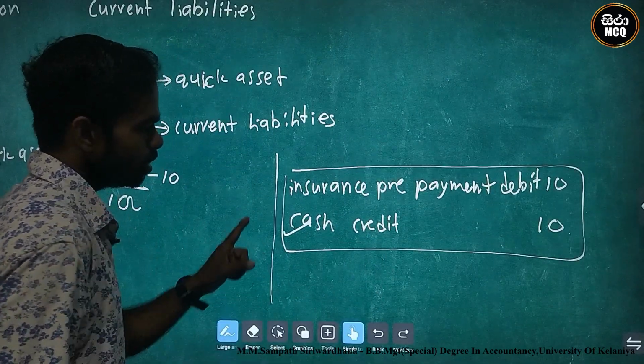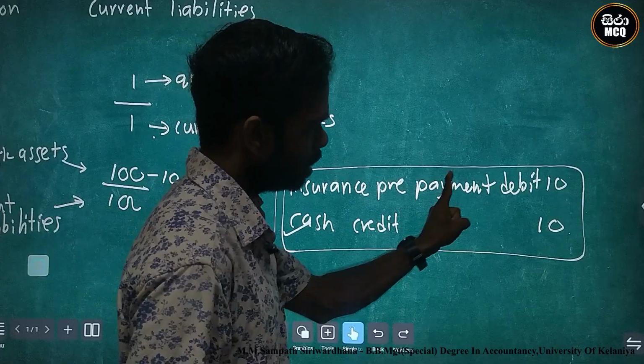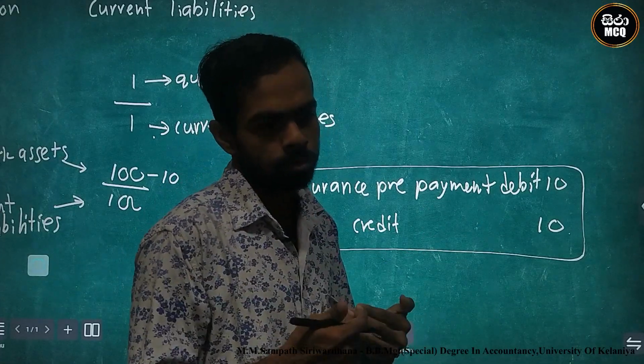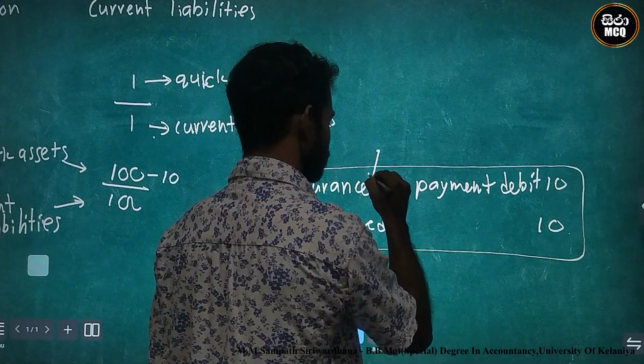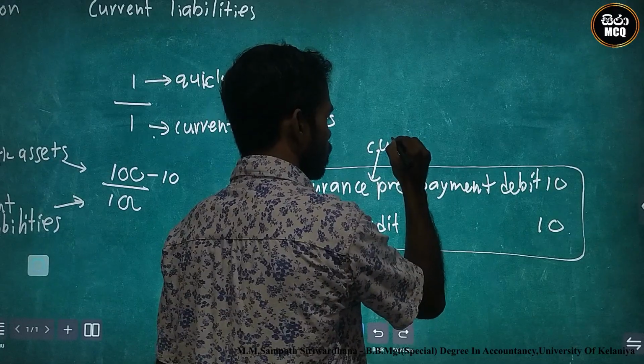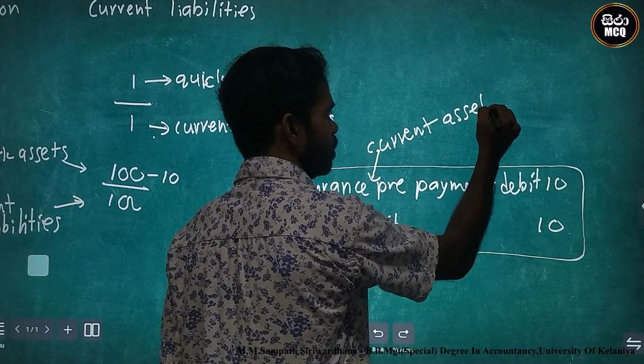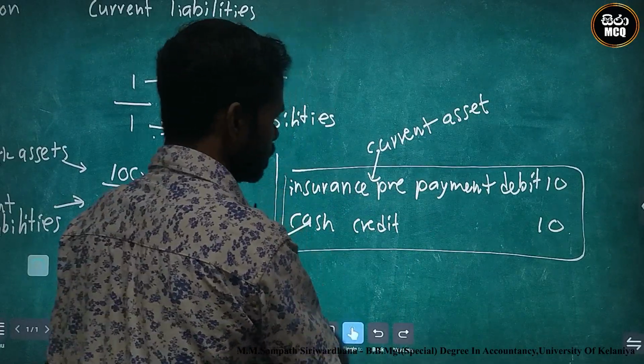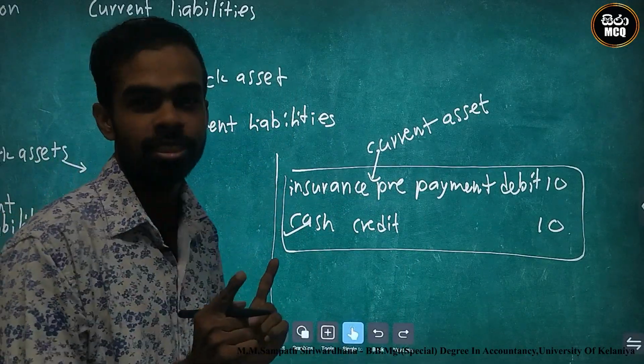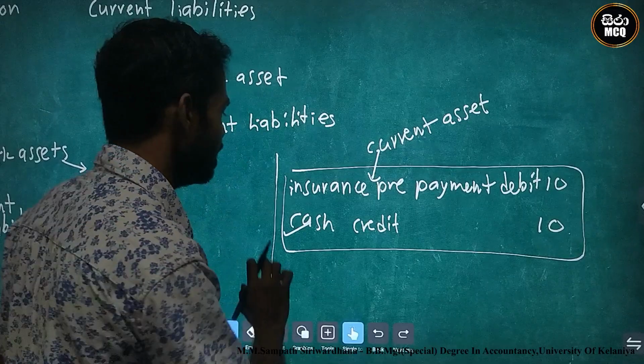Next, the insurance prepayment debit. Insurance prepayment is a current asset, no? Yes, it is a current asset, but not a quick asset. Why?